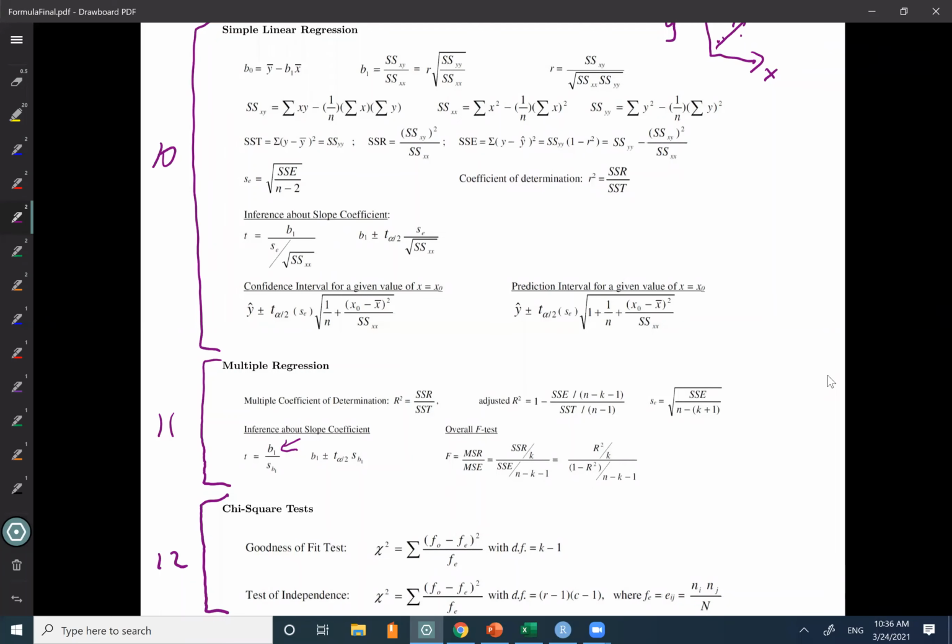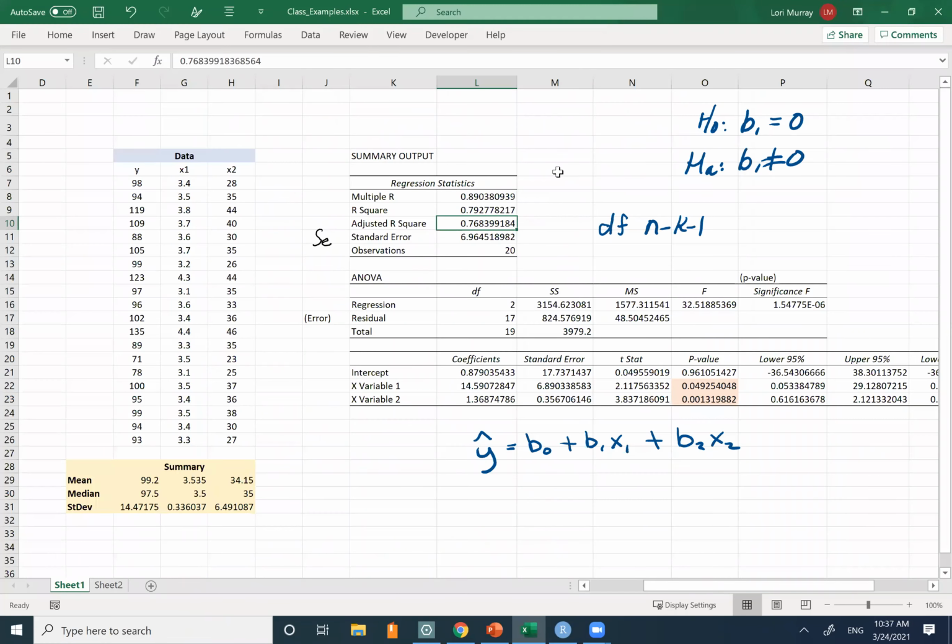So we can see that the R squared is the SSR divided by the SST, so the sum of the squares of the regression divided by the sum of the squares of the total. Let's verify that. The sum of the squares of the regression divided by the sum of the squares of the total should give me R squared, and it does.